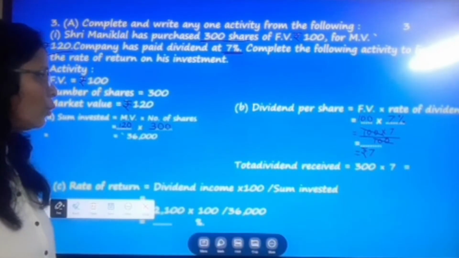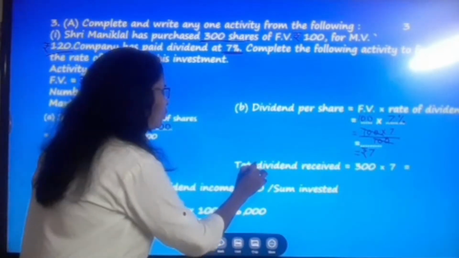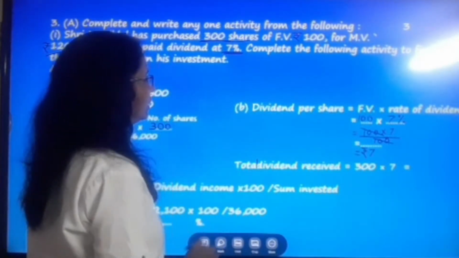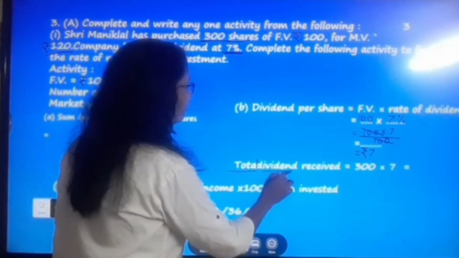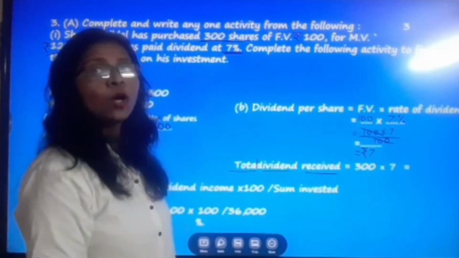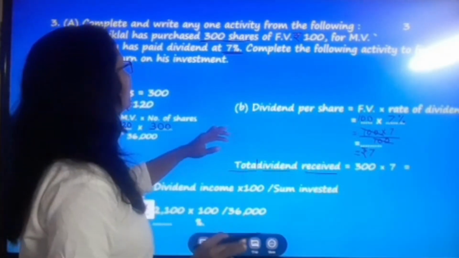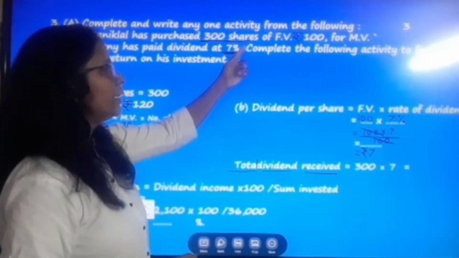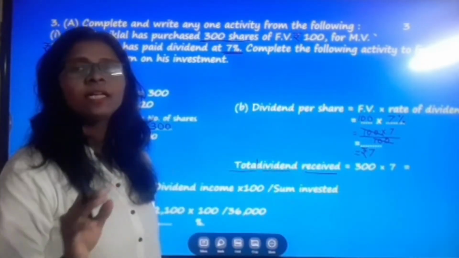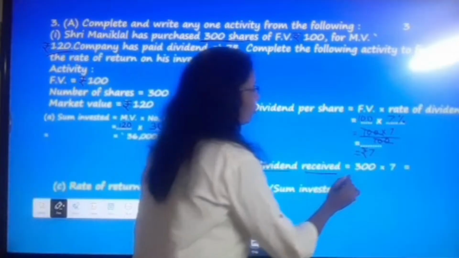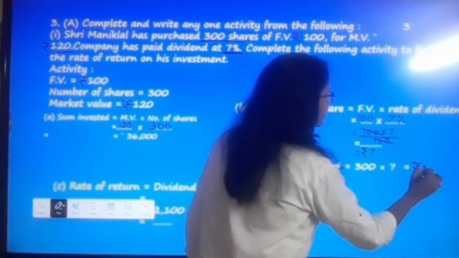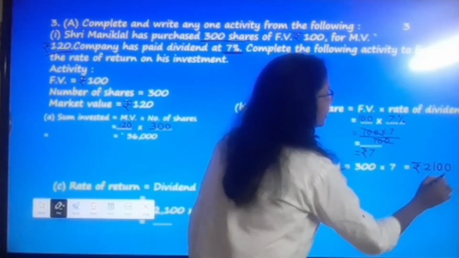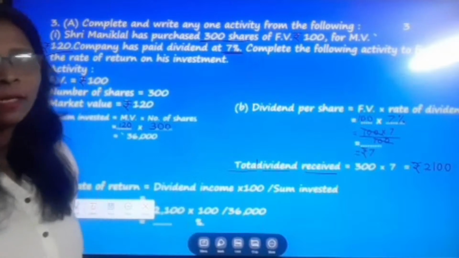Then here total dividend received. The total dividend received is on the 300 shares. So it will be 300 multiply 7, which is equal to rupees 2100.